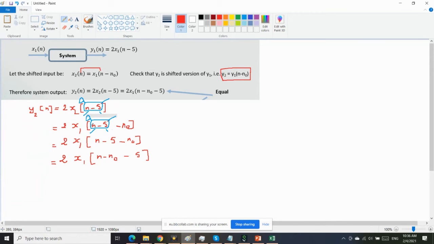So we use this equation here. Is it this one? Is it equal to this one? y1[n - n0]. What is this equal to?